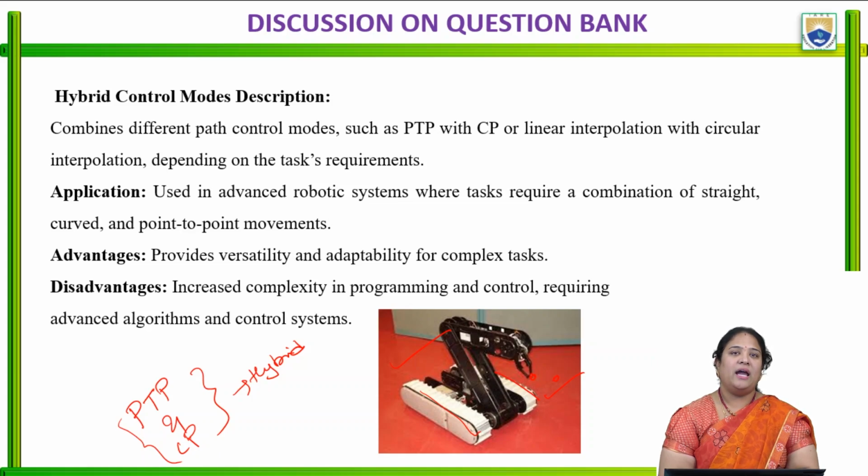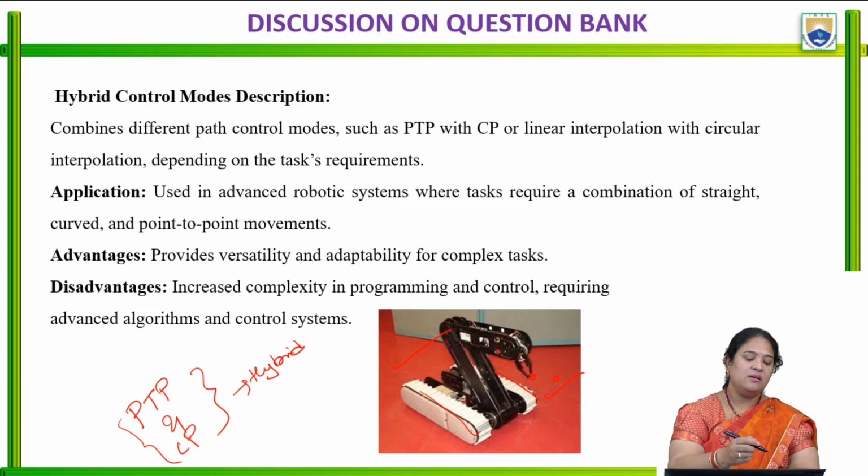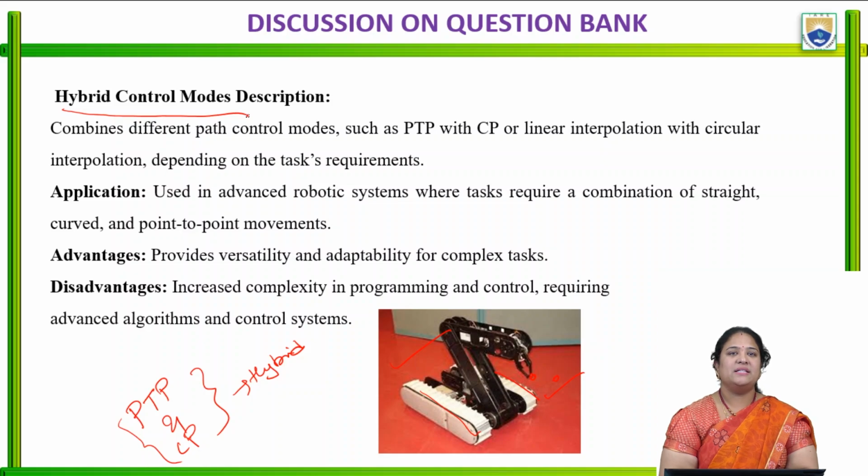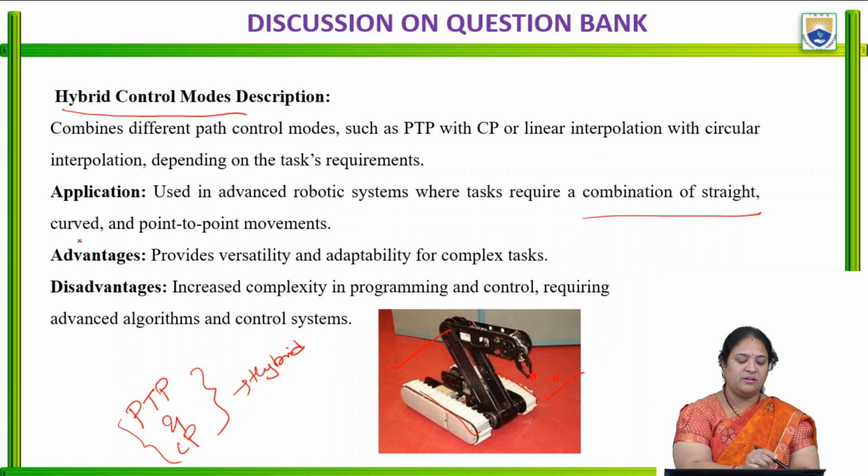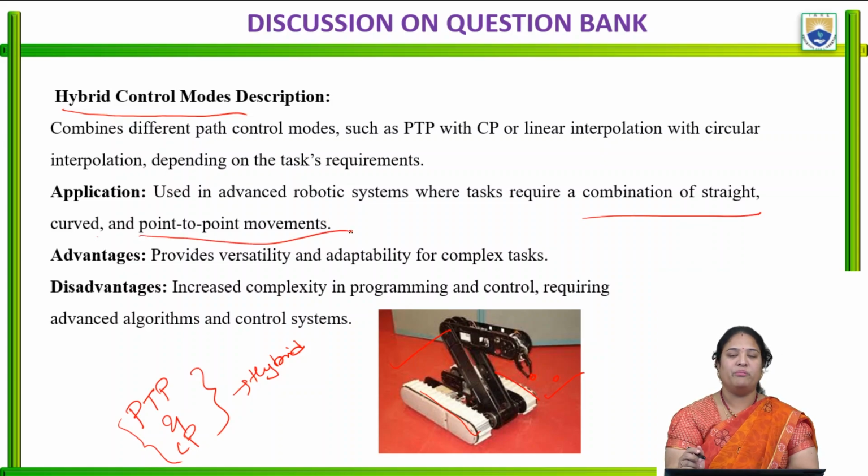Any robot which has both these path control systems, a point-to-point control as well as a continuous path control system, is known as a hybrid control mode. The best example for this hybrid control mode is the combination of straight, curved and point-to-point movements.